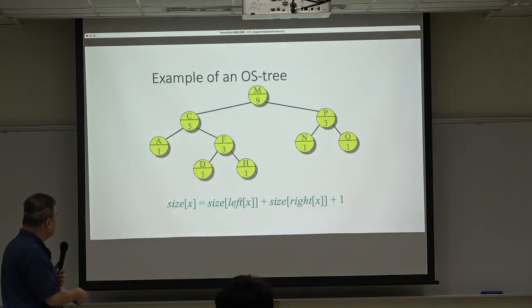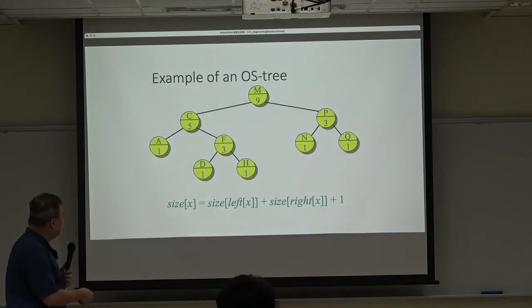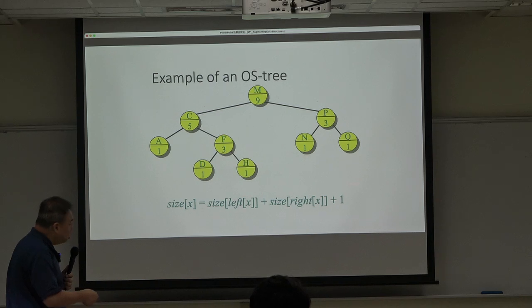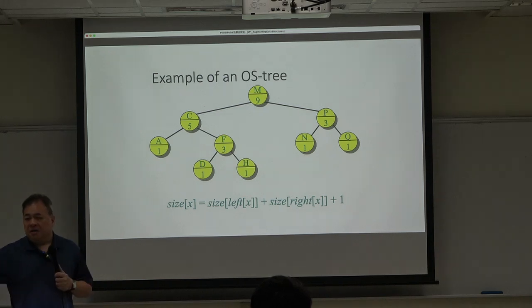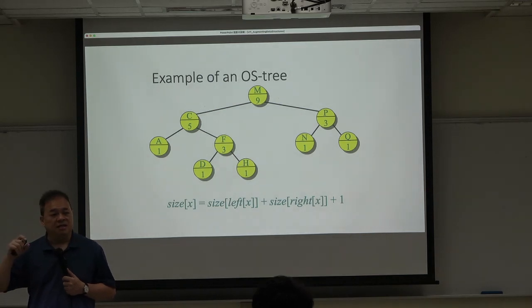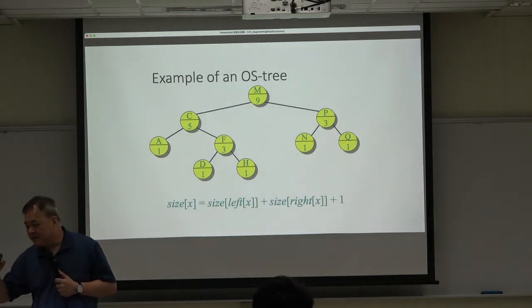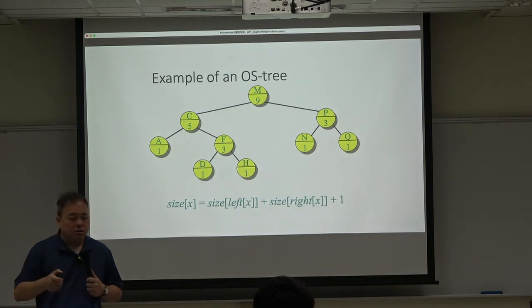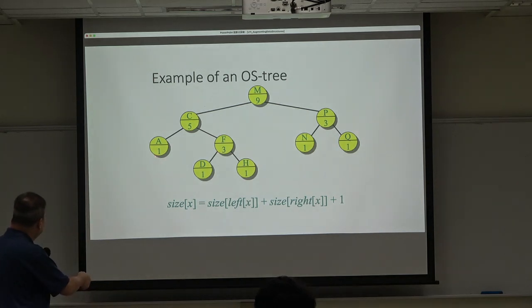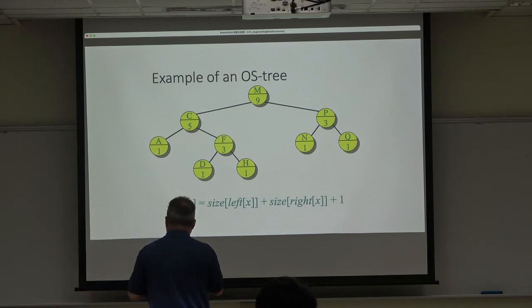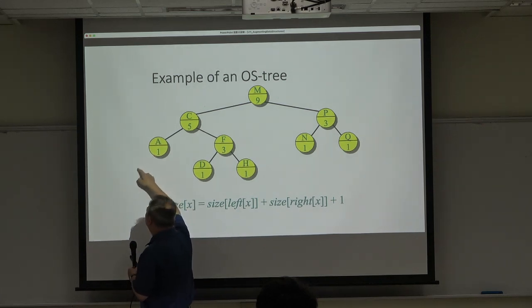And obviously, the size of a node is the size of the left subtree plus the size of the right subtree plus 1. Because of that, remember, for a red-black tree we have leaf nodes, and a leaf node does not store a key. We also have leaf nodes, but we do not draw them here.